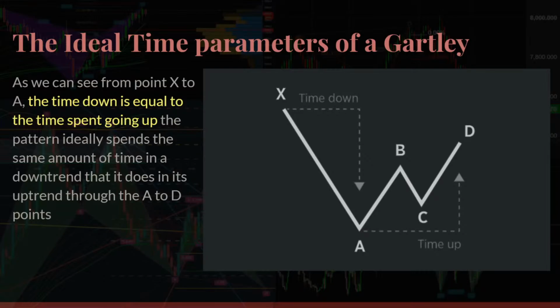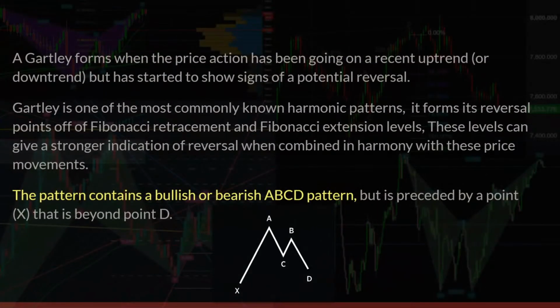The pattern ideally spends the same amount of time in a downtrend as it does in an uptrend through the A to D points. That's quite interesting, and you'll notice that it can be different. They might not line up precisely in time as they intend to. The levels, I would say, are way more important than how much time is required on the Gartley.